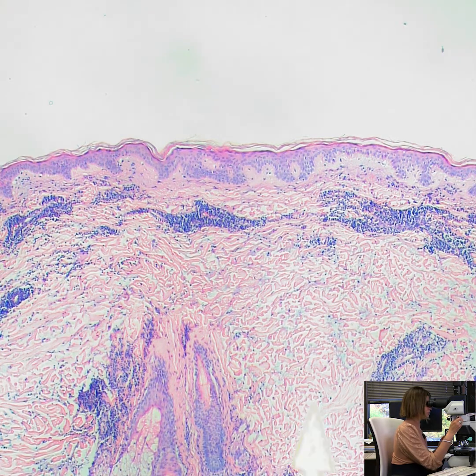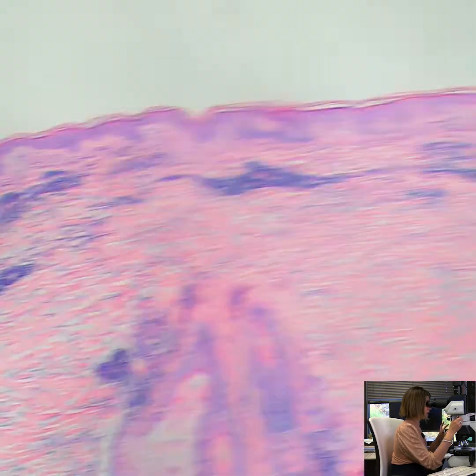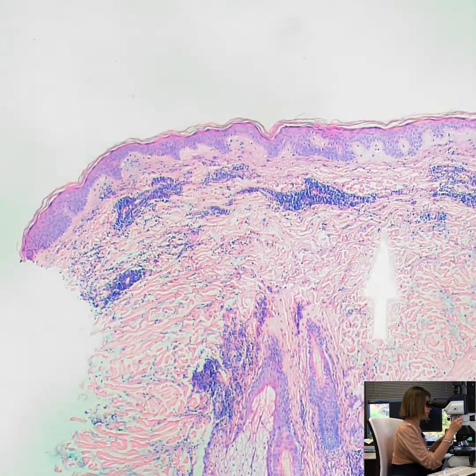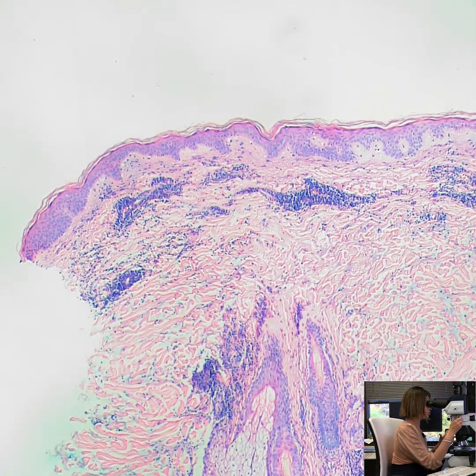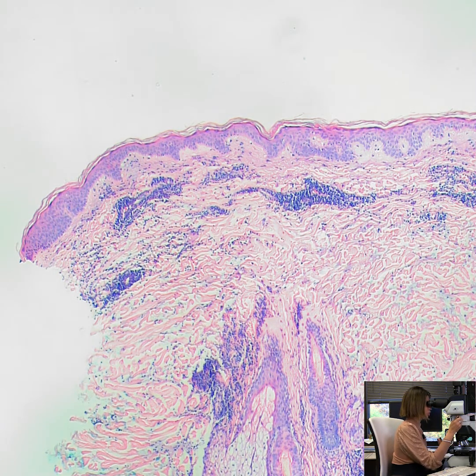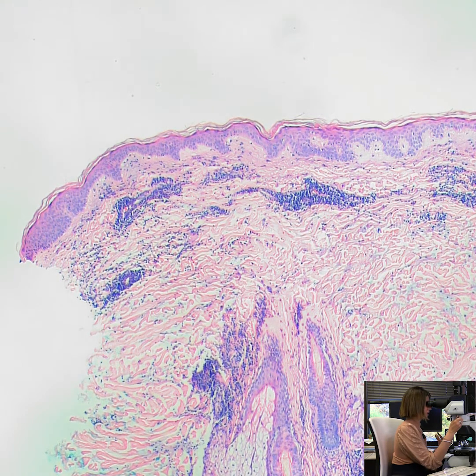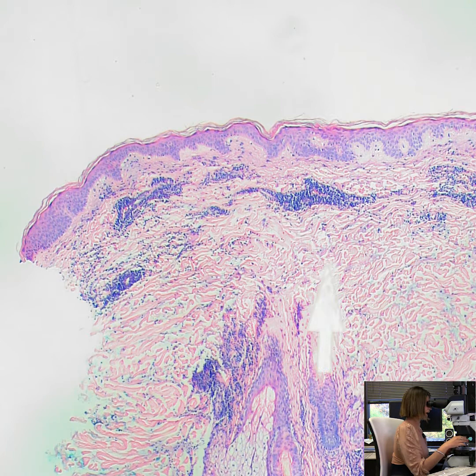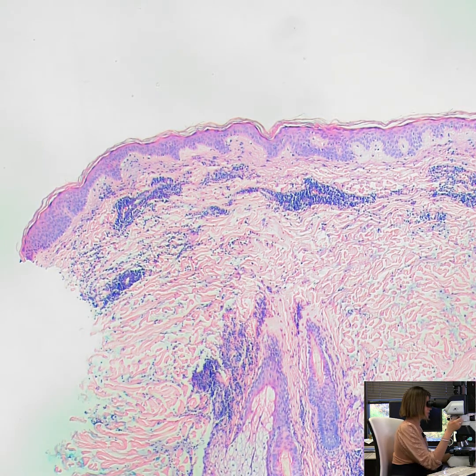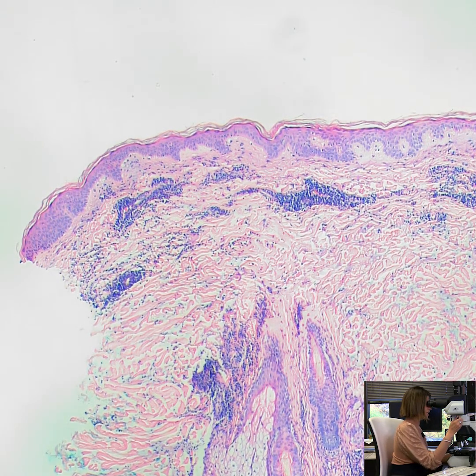This lymphocytic infiltrate is pretty dense and described as having a tight perivascular cuffing pattern. So it's very distinct and very recognizable as lupus when you see it on low power. You can see how it nicely encircles the blood vessels.